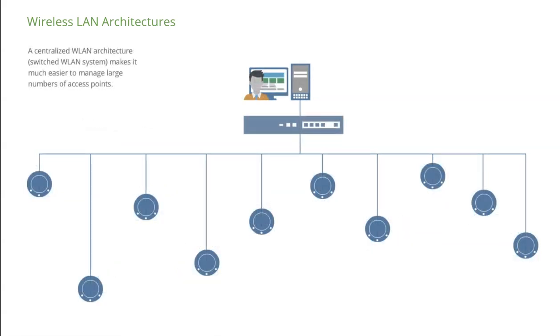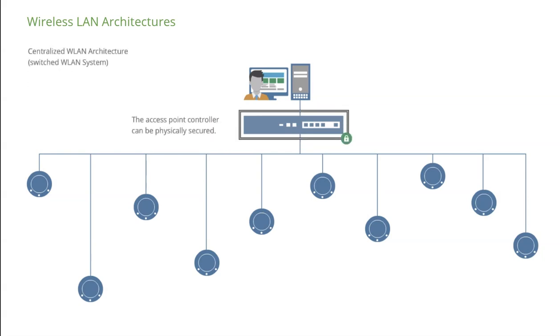With a centralized or switched WLAN system, the access point controllers are the managed devices. This reduces the management problem by at least a factor of 10. Switched WLAN systems are physically more secure than other architectures. The access point controller may be installed in a locked data closet or data center, and the thin access points are a less likely target for theft, as without the controller, they can't be used.